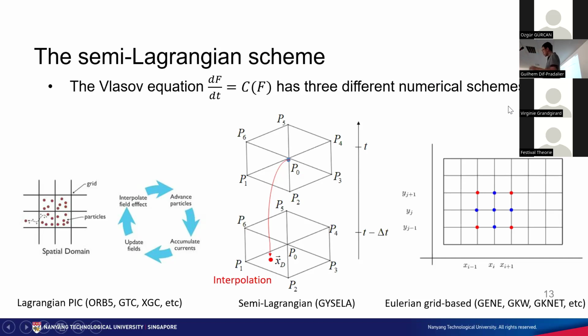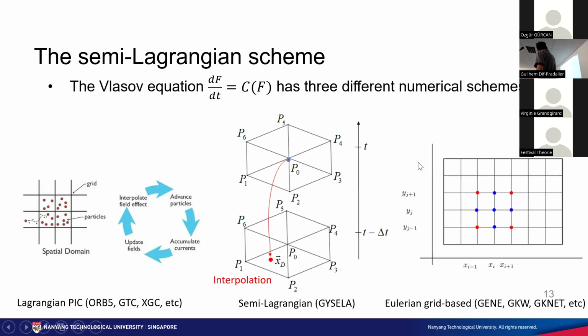So basically, you still have a grid, but what you do when you're solving df/dt equals some collision operator, suppose that you don't have a collision operator, you'll be just solving df/dt equals 0, right? Which will mean that if you start from one point here, you trace the trajectory, the distribution function will be constant along this trajectory.